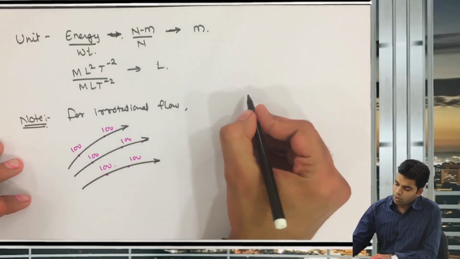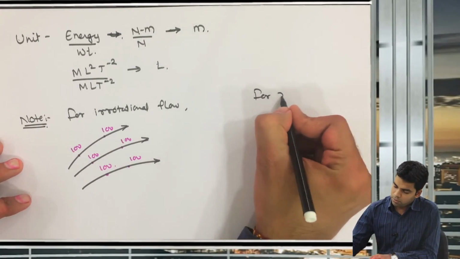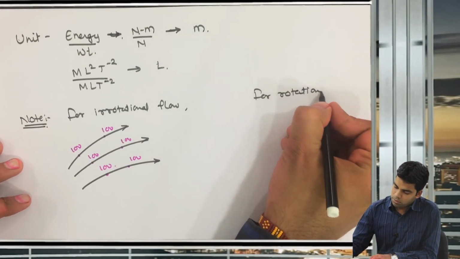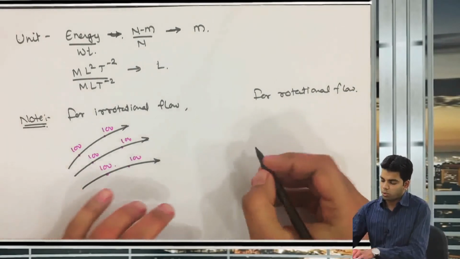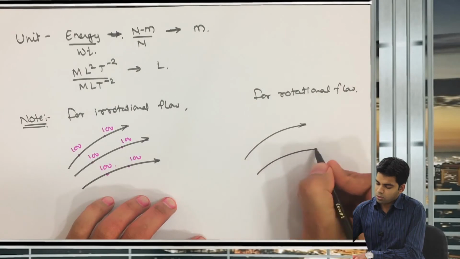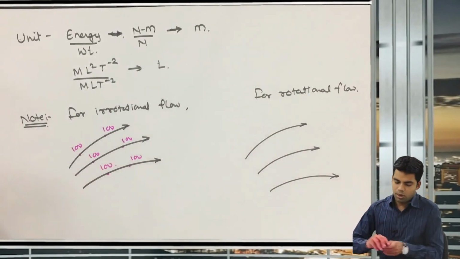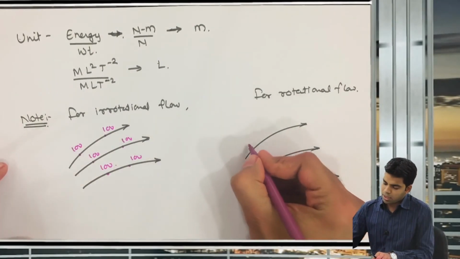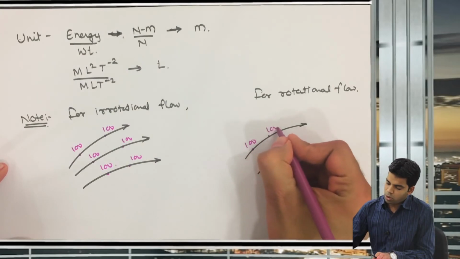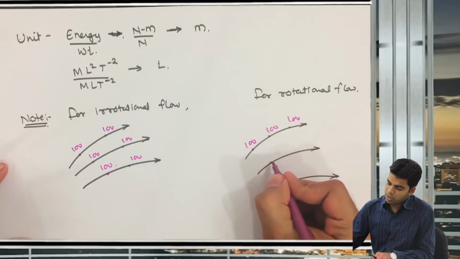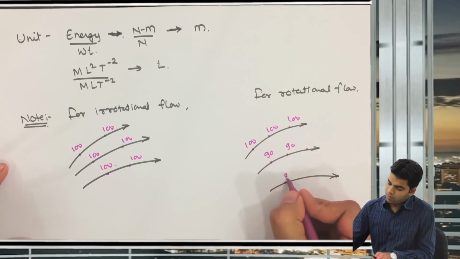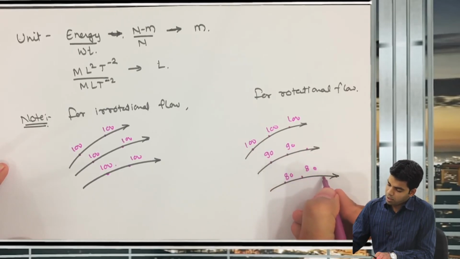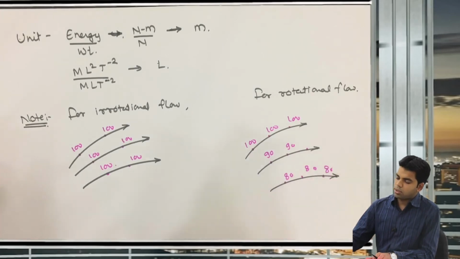Now for rotational flow, Bernoulli's equation is valid for the particular stream only. That means the total head is constant in the particular stream. For example, suppose we have this stream, here the total head is 100, so at all the points of this stream the total head will be the same. In a different stream the total head may be different, here suppose 80, but in this particular stream at all points the total head will be the same.